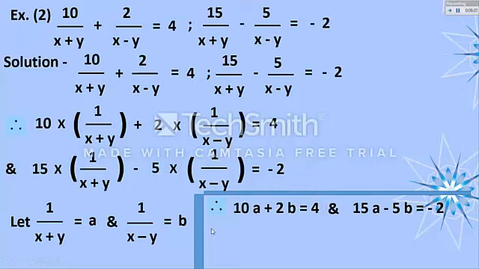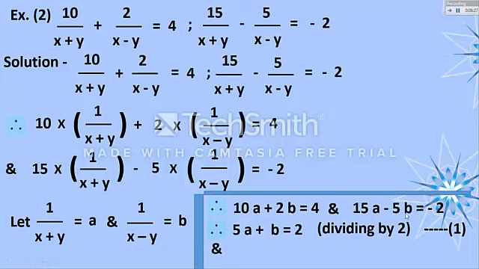After dividing by 2, we get 5a plus b is equal to 2, because 2 divided by 2 is 1 and 4 divided by 2 is 2. That is equation 1. The other equation has no common divisor, so that is equation 2.